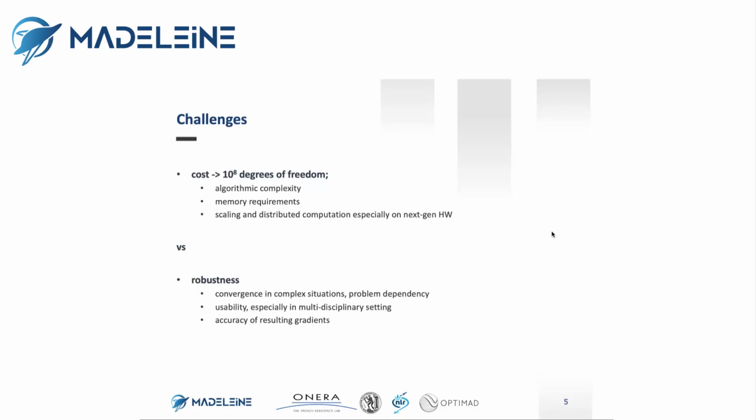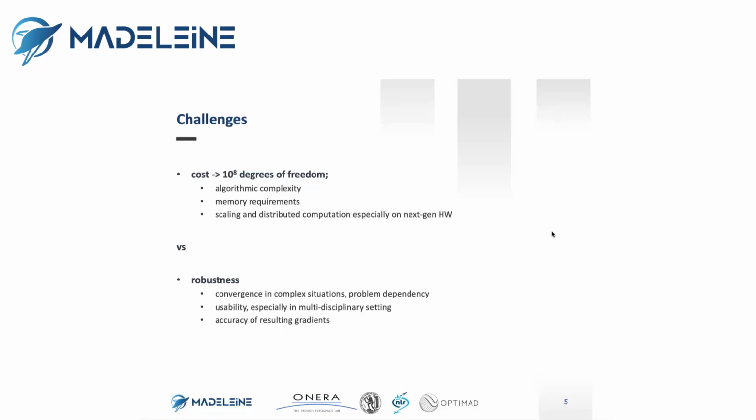So the solver should be robust in the sense that the efficiency should be constant over a large spectrum of industrial problems, and without the need of very user-specific calibration. And of course, the accuracy of the adjoint should be guaranteed. That means that we should also guarantee a good level of convergence of the linear equations.